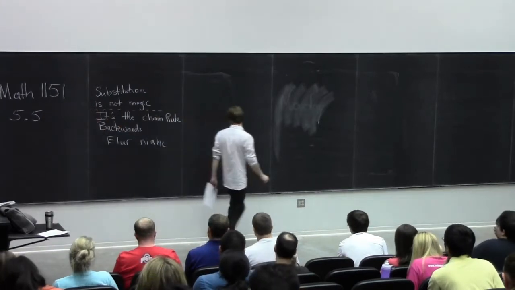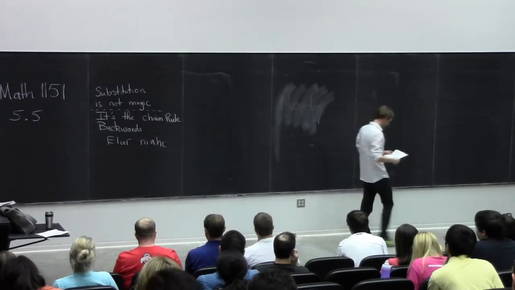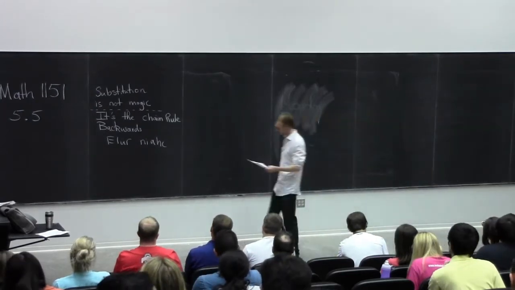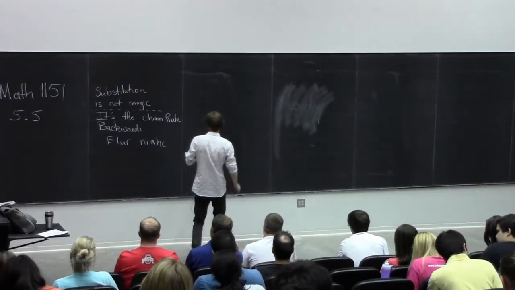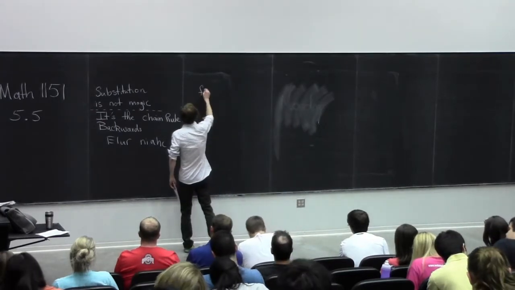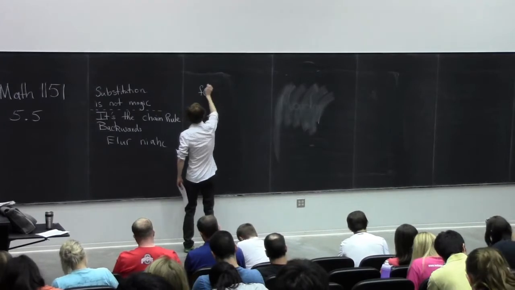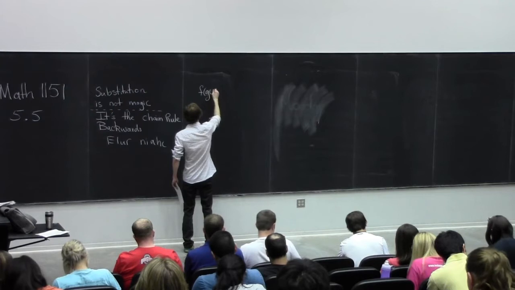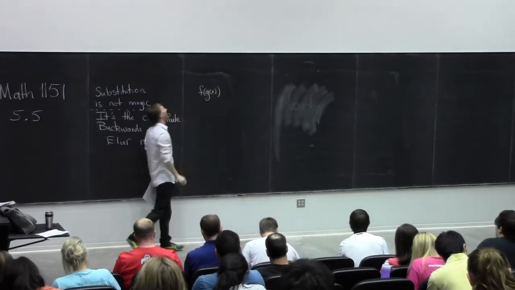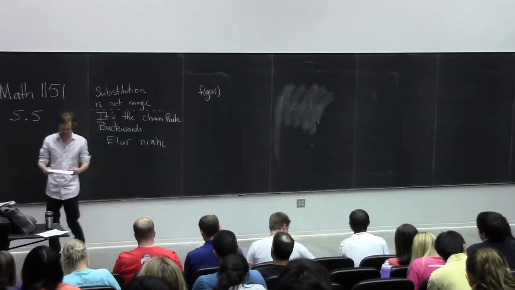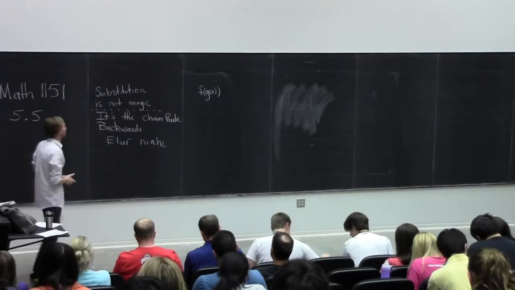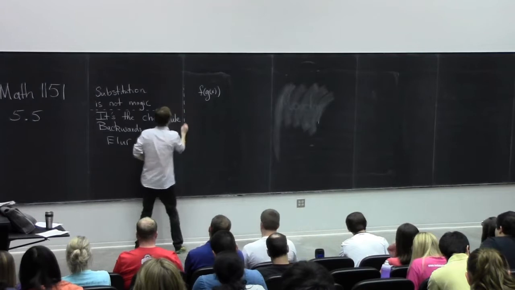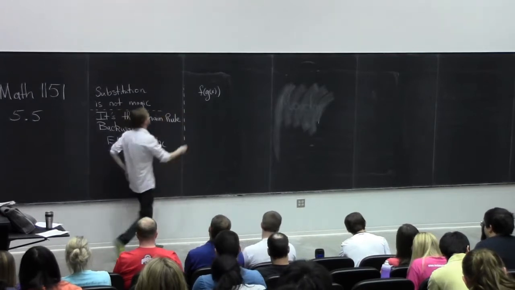So here's the deal. I used to be really good at giving this little presentation, but I'm not sure if I'm so good anymore. So if I have f of g of x, and I want to take its derivative.